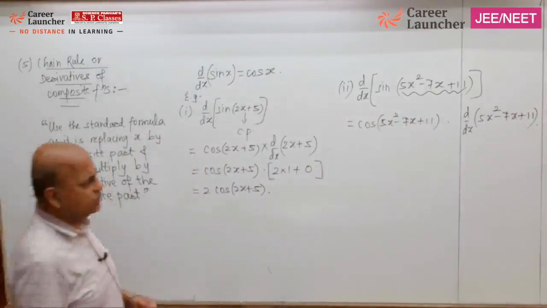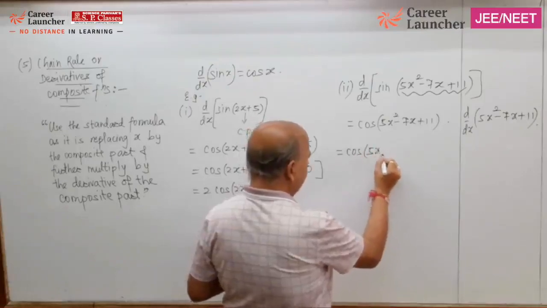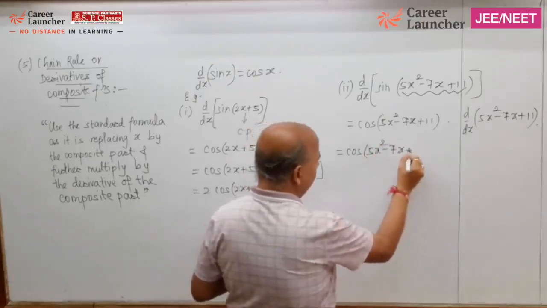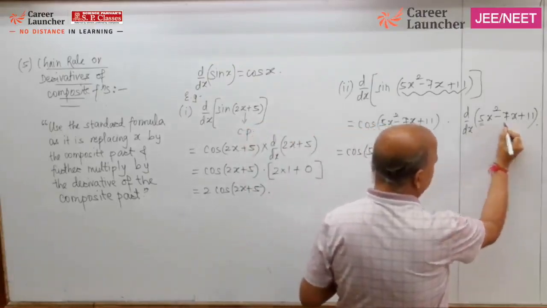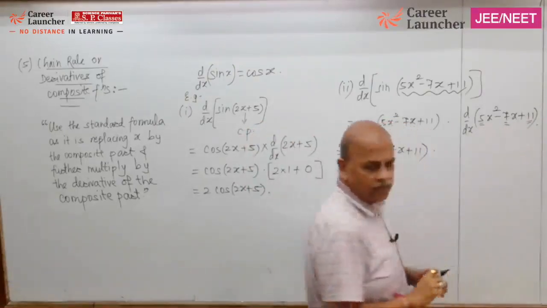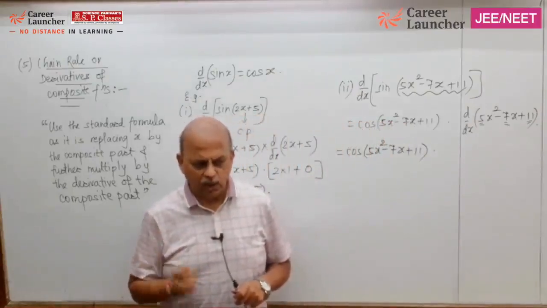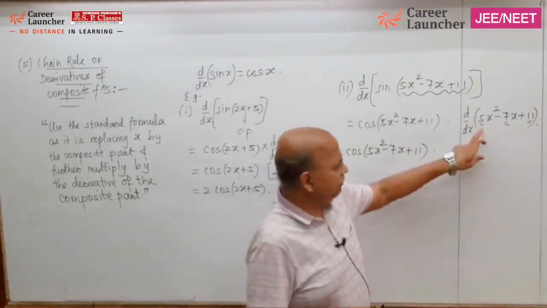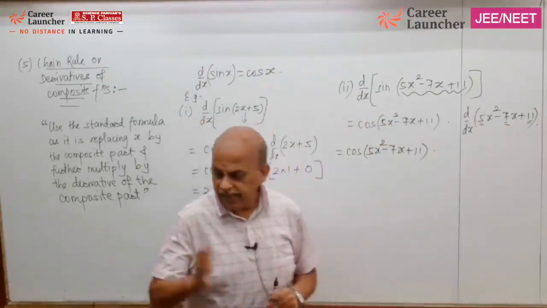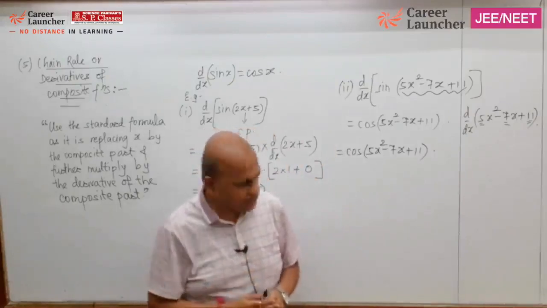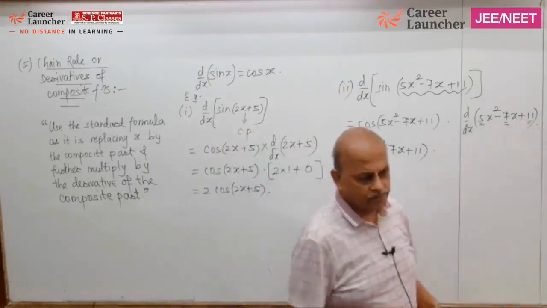Now let us proceed further. Here there are three numbers, 5, 7 and 11. We will first discuss which of them are coefficients and which are constants. According to me, 5 and minus 7 are coefficients, because they are coming along with some function in x. But 11 is a constant.